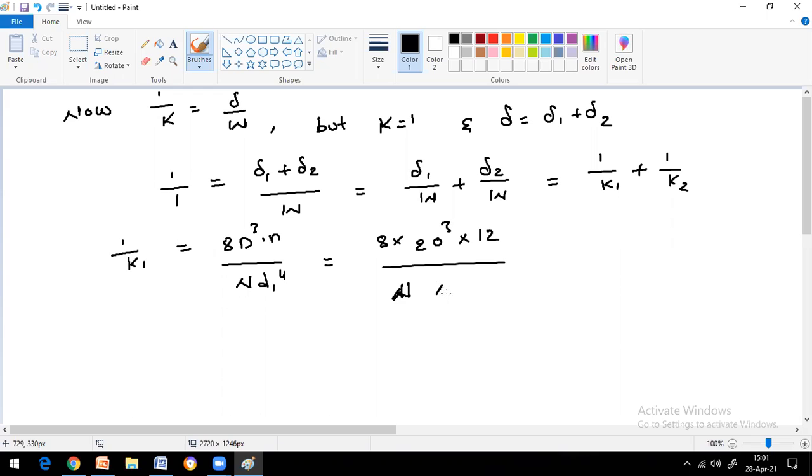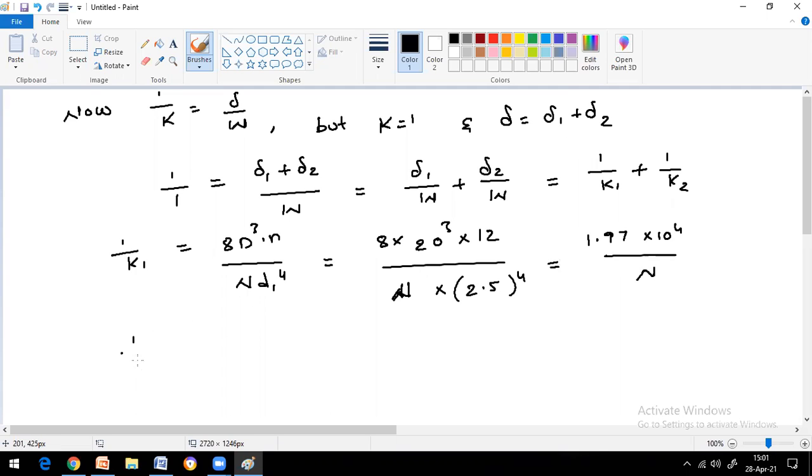Into what is the d? Let us take d1 as the first diameter of the wire, which is given as 2.5 mm. So let me finish it fast. Only 10 minutes left. We can come again, no issue. Into 10 power 4 by N.